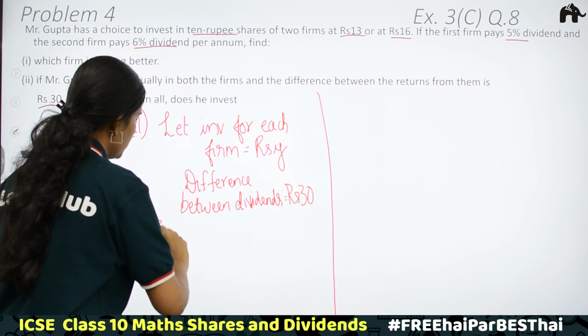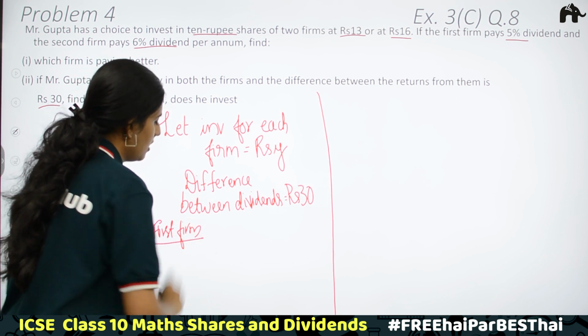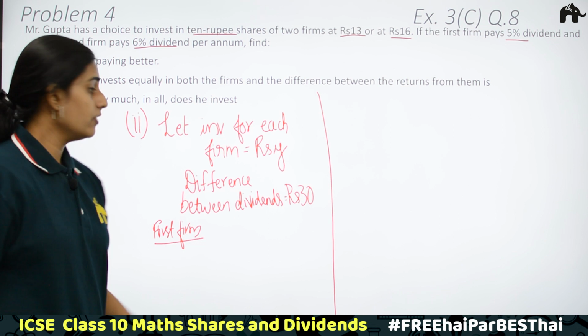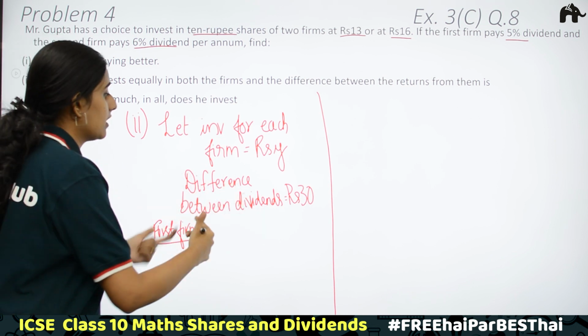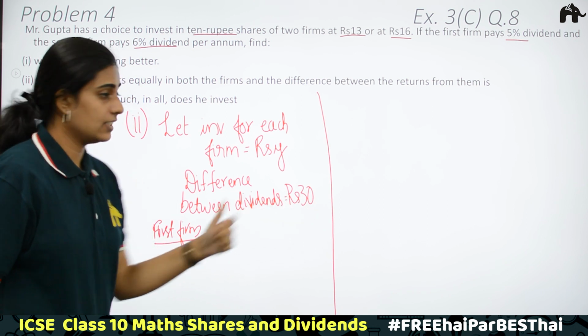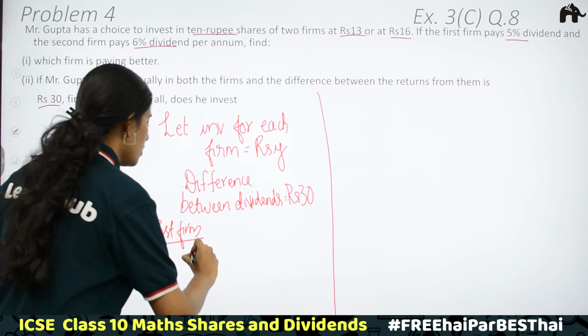For the first firm, what is the number of shares? We need to find the dividend for both the cases and then subtract to get rupees 30. Yes, to find dividend we need the number of shares. How do you find the number of shares?